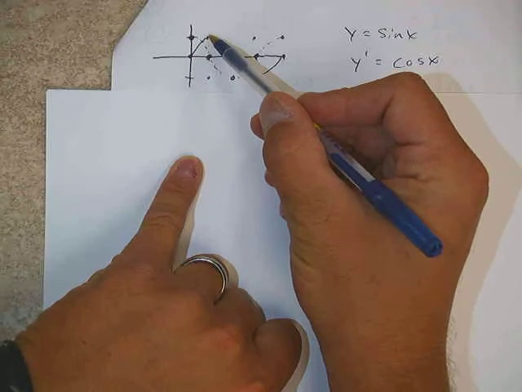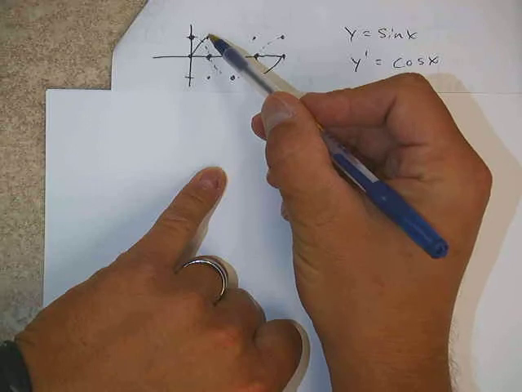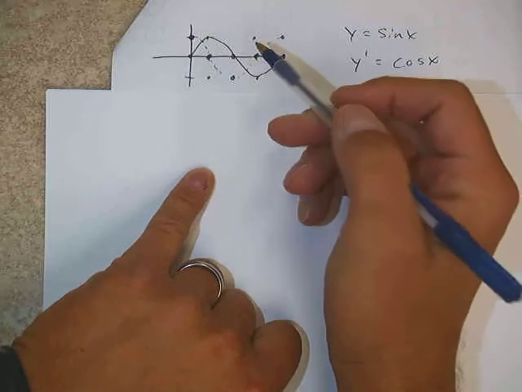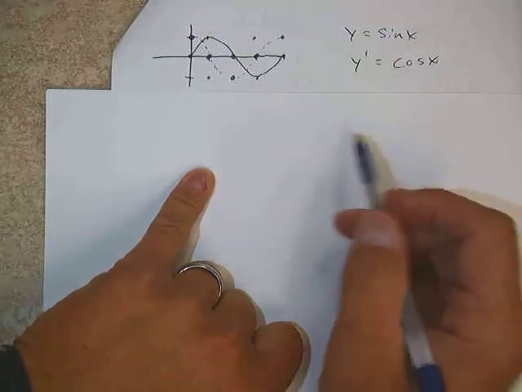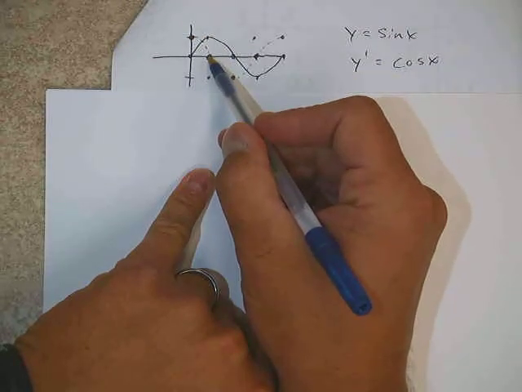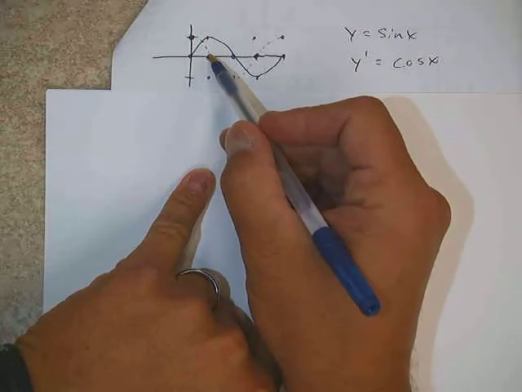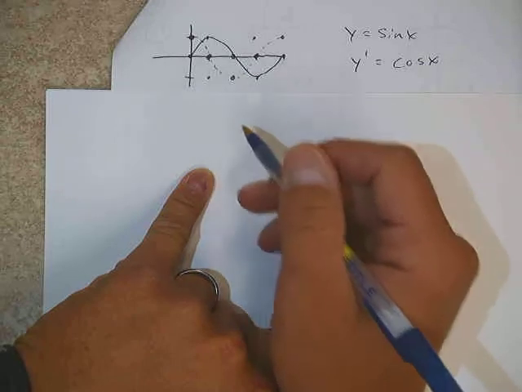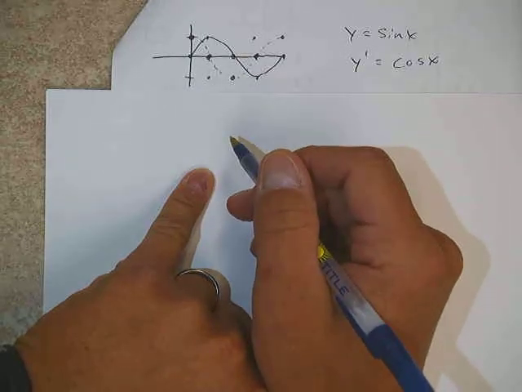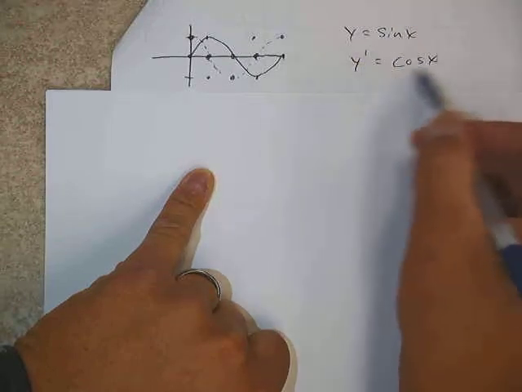And I want you to think about y graphically. As I go from 0 to pi over 2 with the sine function, what are my slopes like? They're positive. So we should expect that the derivative's y values be what? Positive.